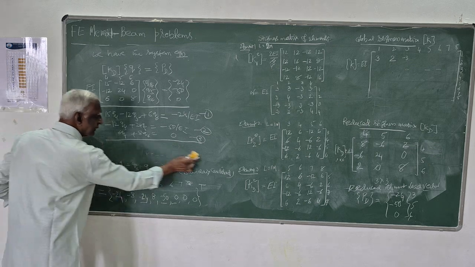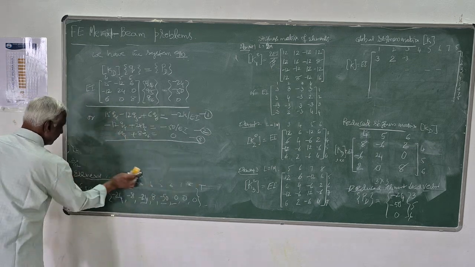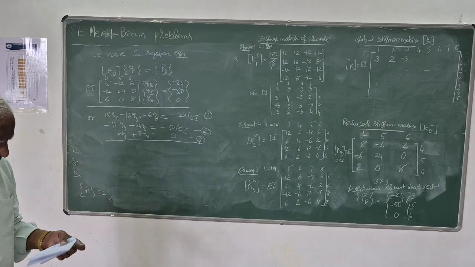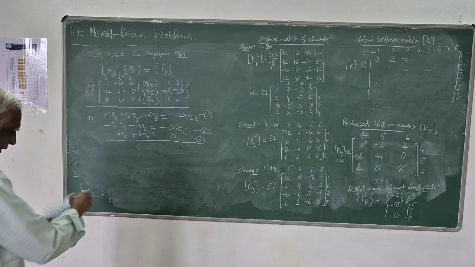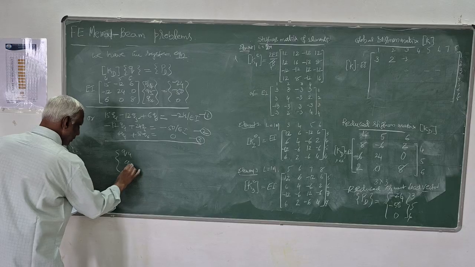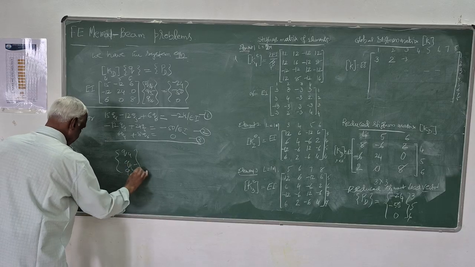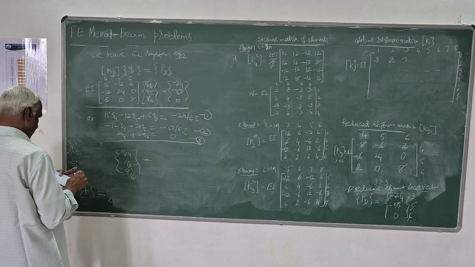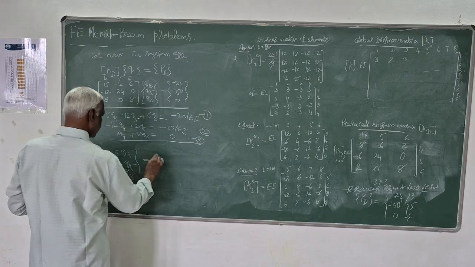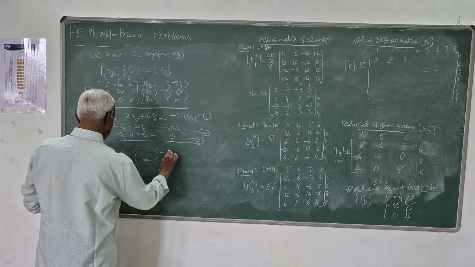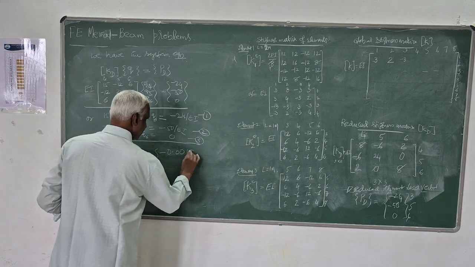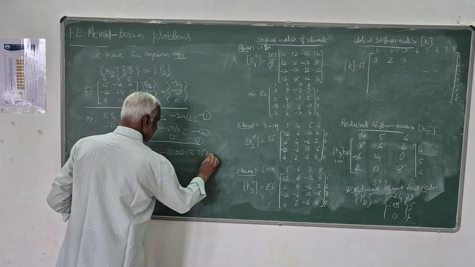So after solution, you will get what is required, that is Q4, Q5, Q6. I have the result, you can verify. So you will get Q4 equal to minus 0.201875. This is radians.